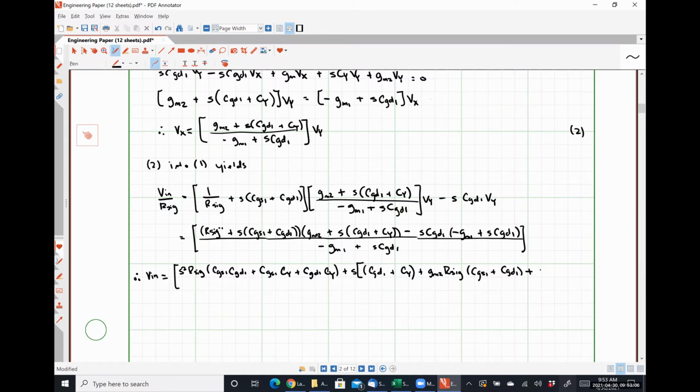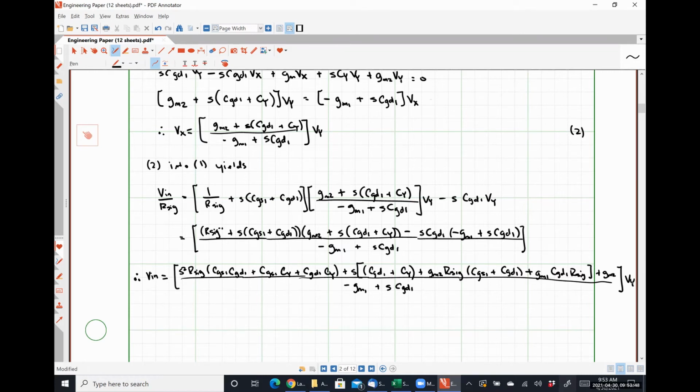Oh, I'm running out of room. Close that guy. Plus GM2), all over negative GM1 plus S CGD1. And this is multiplied by Vy.